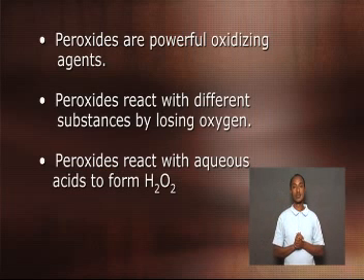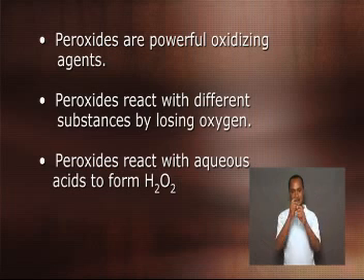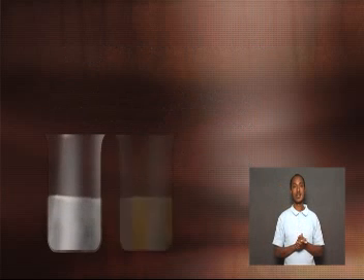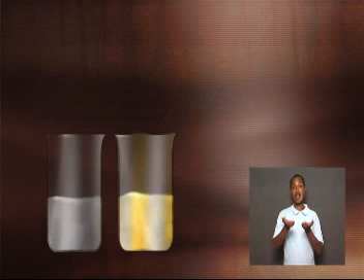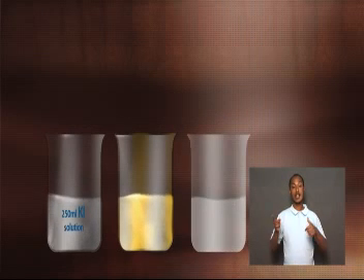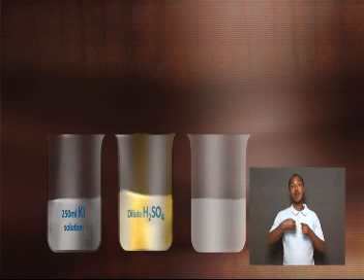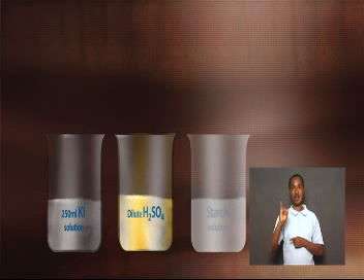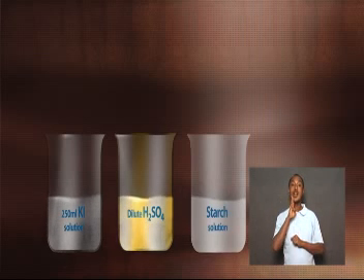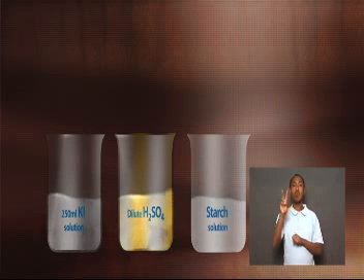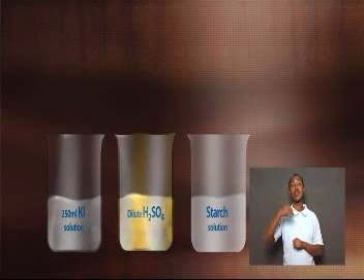Let us now discuss an experiment that will help us distinguish peroxides from other oxides. To begin, 3 beakers are needed. In the first, 20 grams of potassium iodide are dissolved in water to prepare a 250 milliliter solution.